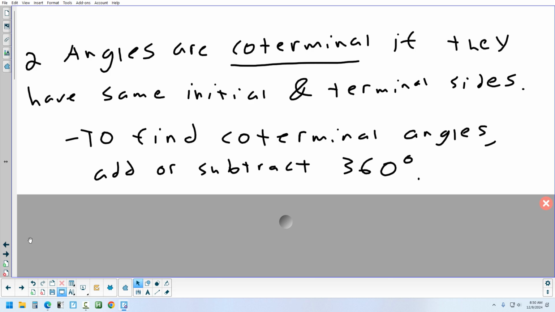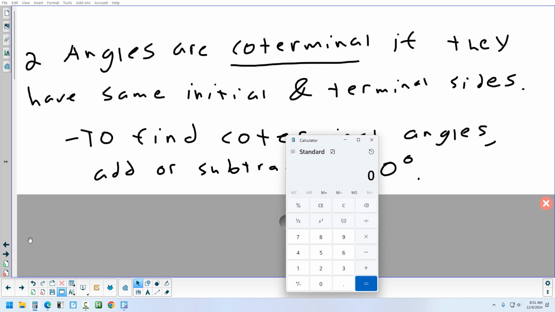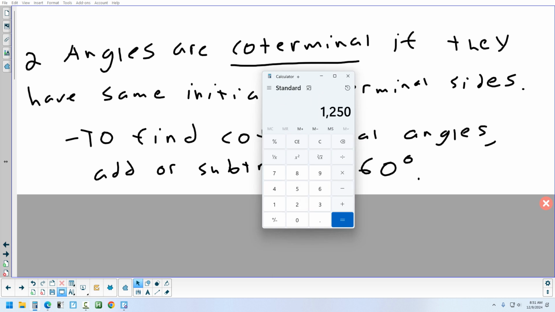Well, it's gone around so many times, it's kind of hard to think about. So to find something that's equivalent in trig, but smaller, we can add or subtract 360 as many times as we want. So if you had an angle like 1250, and we had to do some trig with it, it's going to be easier to subtract 360 and work with a 170-degree angle. That's something most people could visualize. It's a little bit less than a straight angle. Right? Straight angle would be 180, so it's just a little bit less.